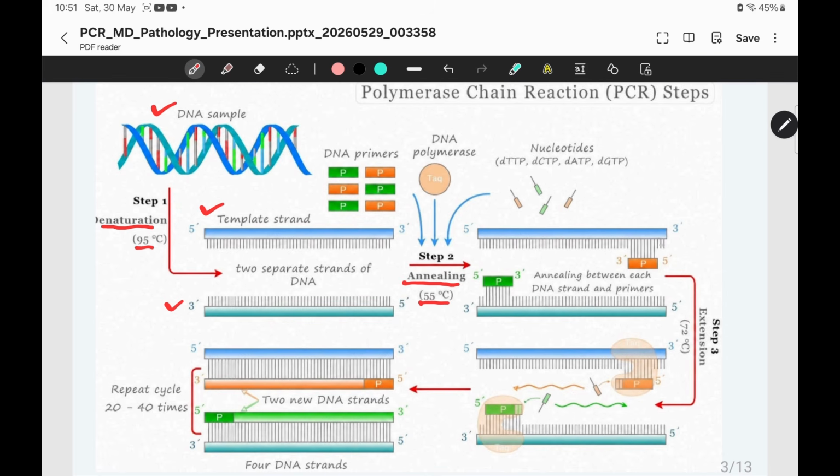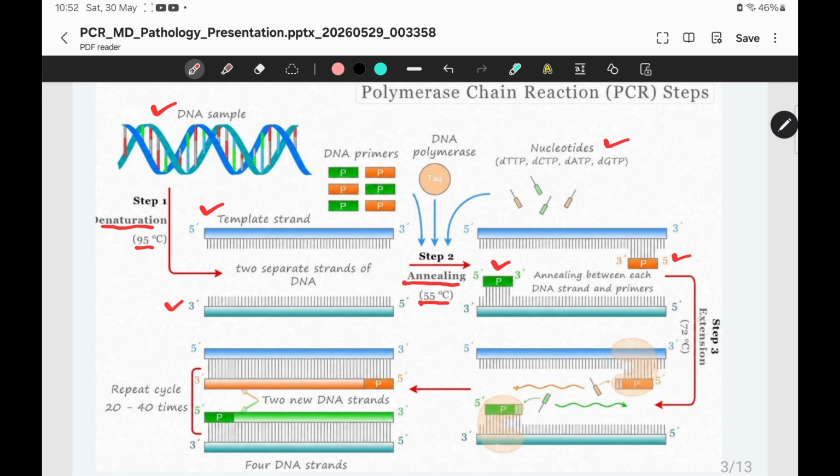Under this step, there are two primers which attach with the DNA strands. This is the forward primer and this is the reverse primer. These primers anneal between each DNA strands, and these are the nucleotides. These primers form another strand of DNA with the help of these nucleotides.